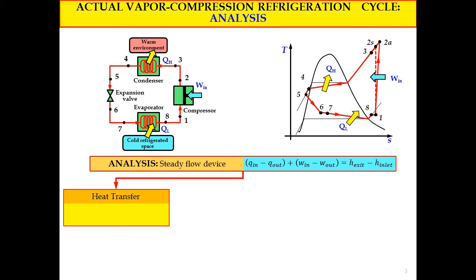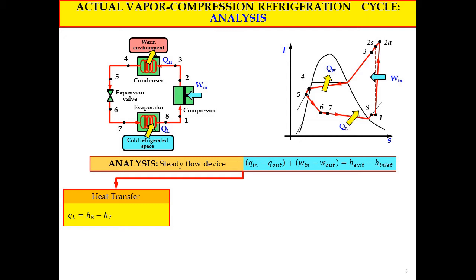So in terms of heat transfer, the formula for QL and also QH: QL equal to H8 minus H7. So in terms of state, you need to find the closest point of the inlet and also of the outlet for each device.